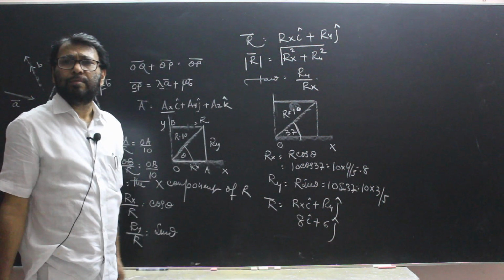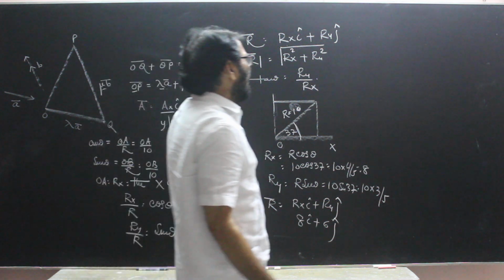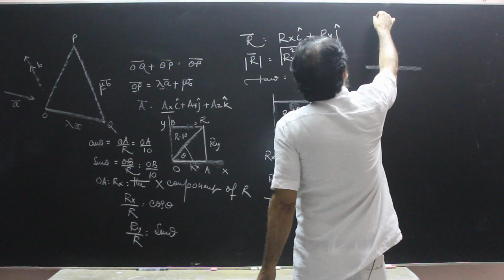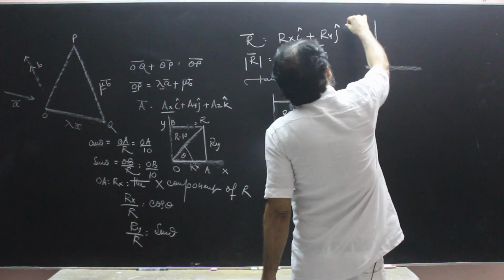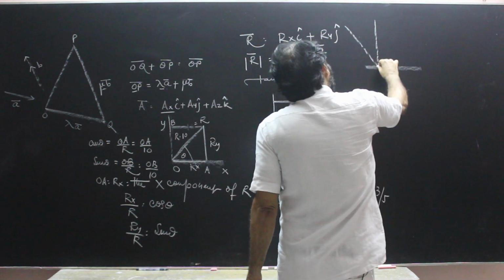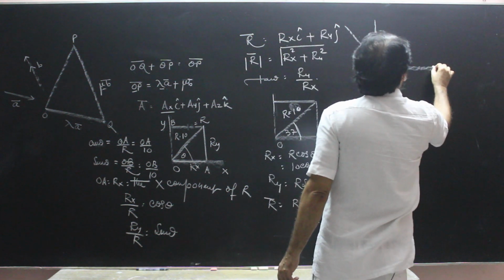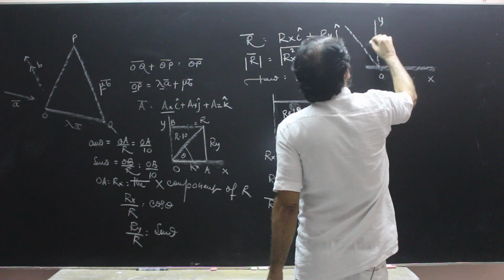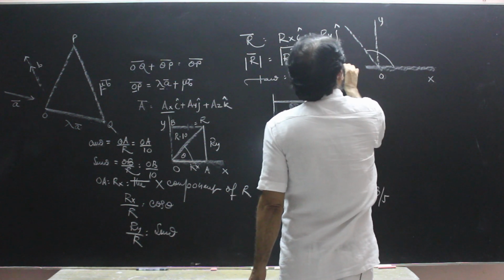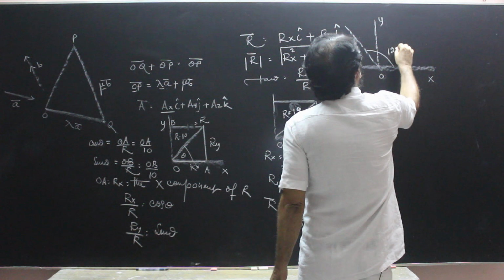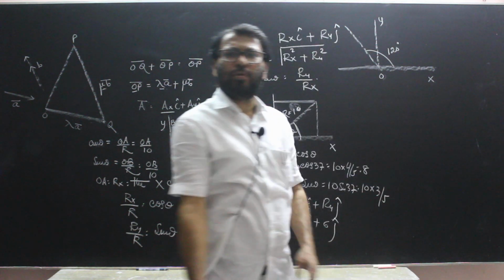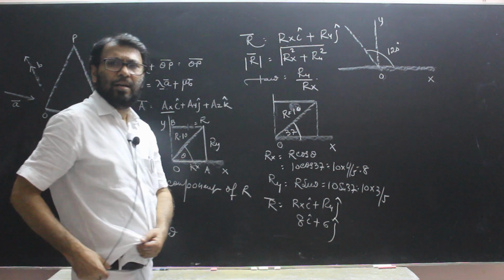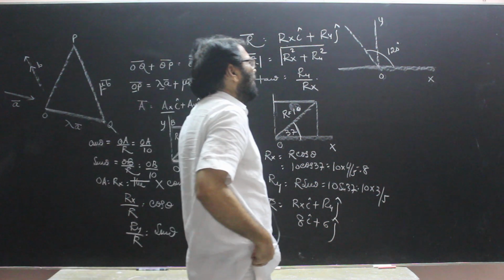If R makes an angle which lies in the second quadrant, for example, we want to resolve vector R of course in x and y direction. This is our x axis and this is our y axis, and the angle is of course 120 degree, and we want to calculate the x and y component of the vector.